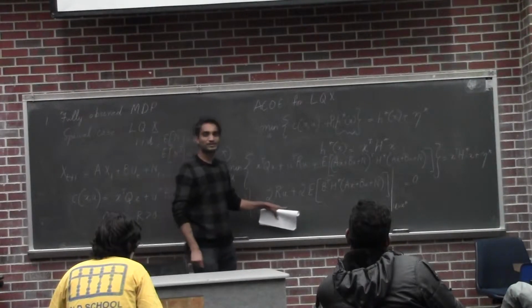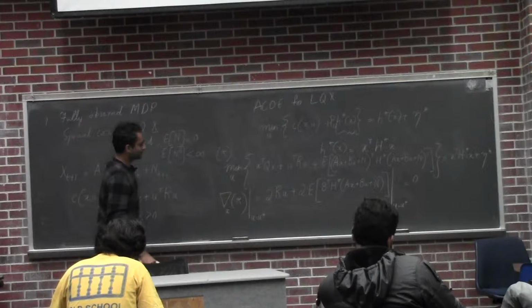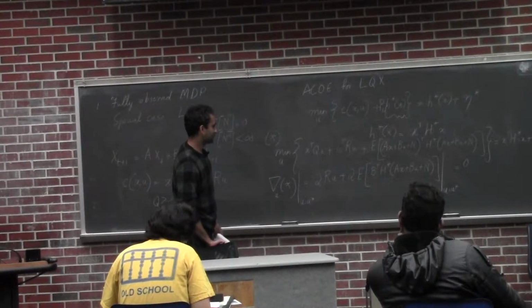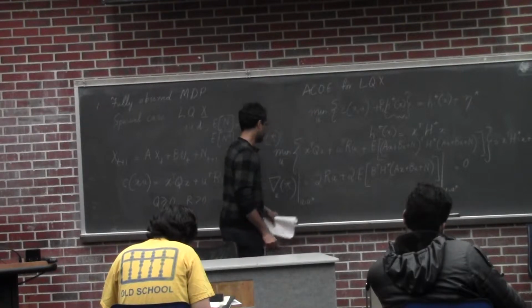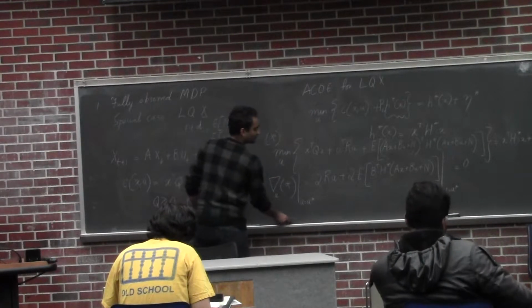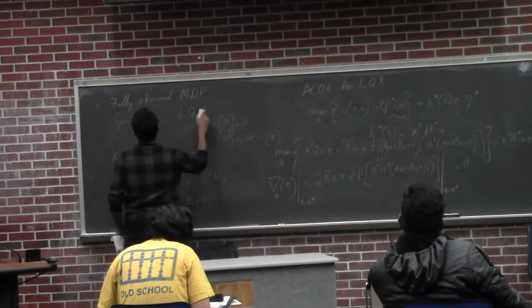So do you see how we got this? Is this okay? So now we can simplify the expectations and find the optimal U star.